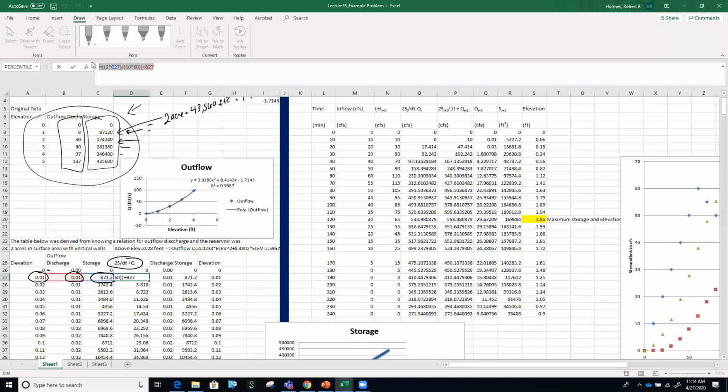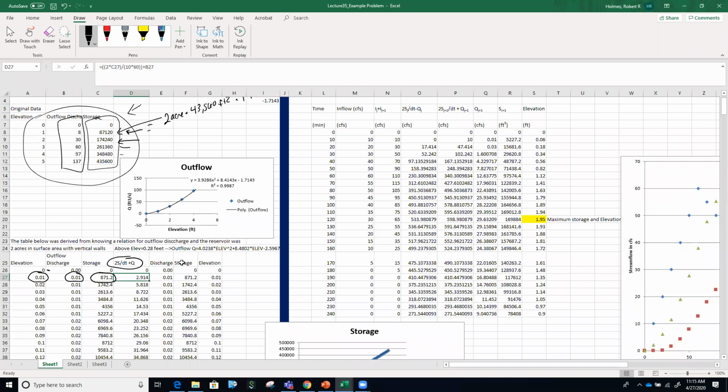It's 2 times the value of S, which is in column C, divided by the delta T, which I have to convert to seconds, so that's 10 minutes times 60 seconds per minute. Then I add the outflow value in column B. For the elevation of 0.01 feet, I've got an outflow storage function value of 2.914. That has units of cubic feet per second because that's just the units of this equation. It doesn't mean that it's an outflow, it just has those units.